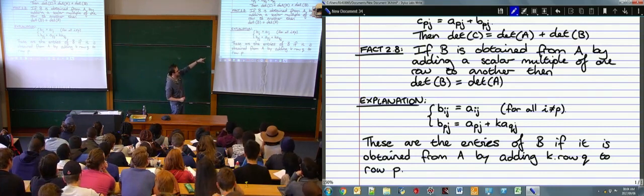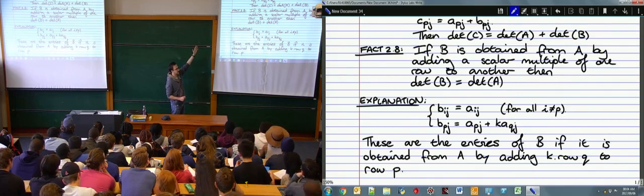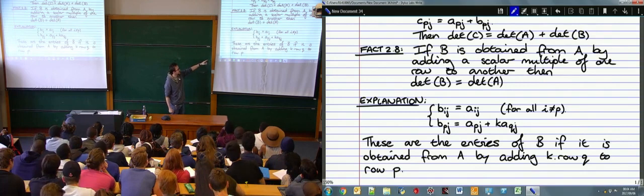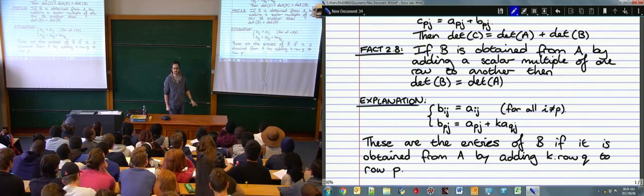Because basically as soon as we understand this, we apply fact 2.7 and we immediately get the answer. So this is the difficult part, just making sure that we understand what's going on here.